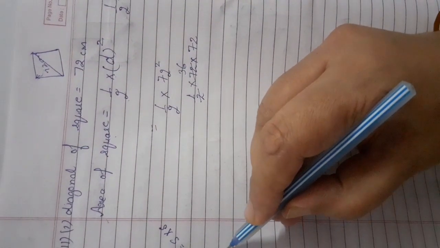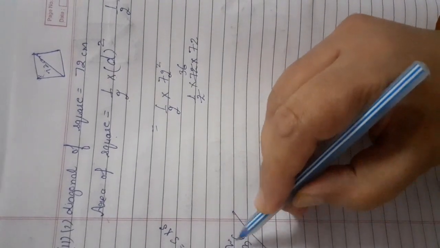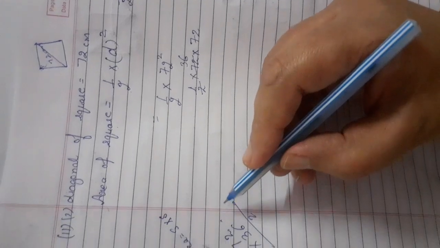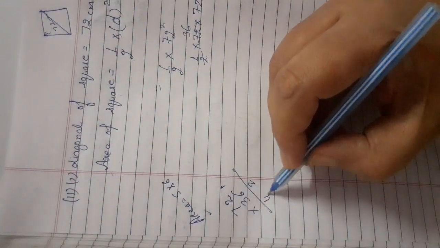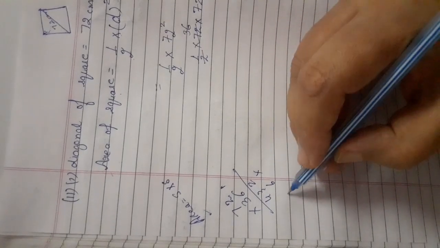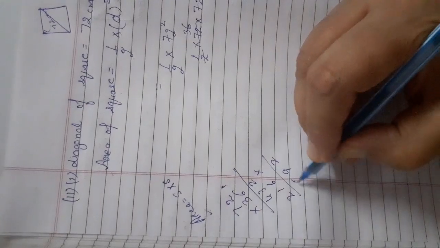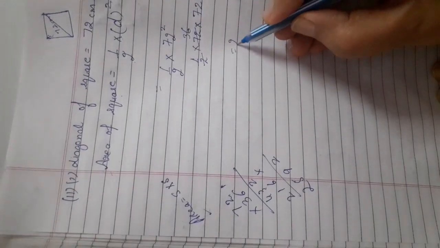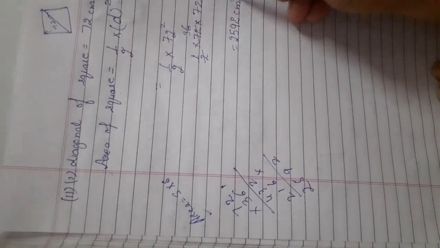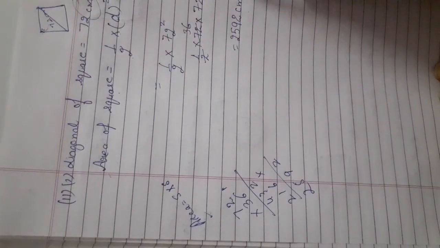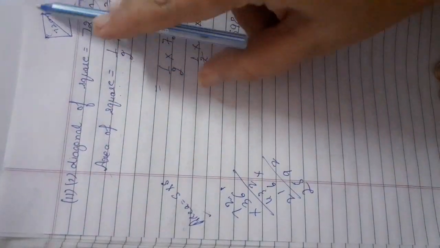So 72 you have to multiply with 36. That gives 2592 centimeter square, because this is in centimeter. Centimeter square is the area of the square whose diagonal is given.